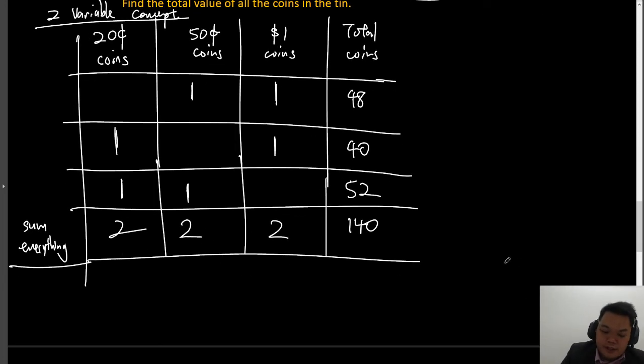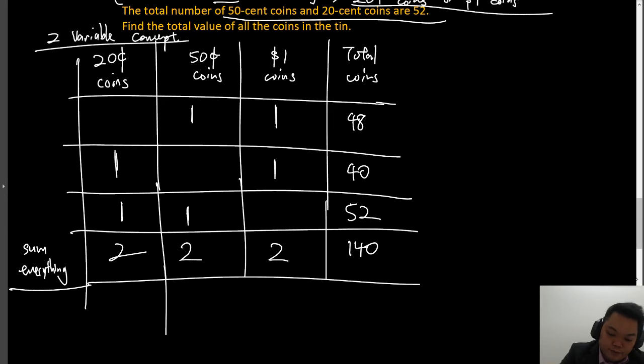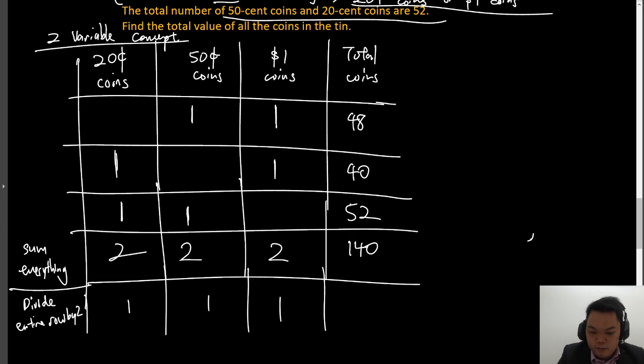Okay, and then what else do we have? You have to find 1 copy of everything first. Okay, so to do this, 1 copy of everything will be, you need to divide the entire row by 2. So when you have this, you end up with 70 coins.